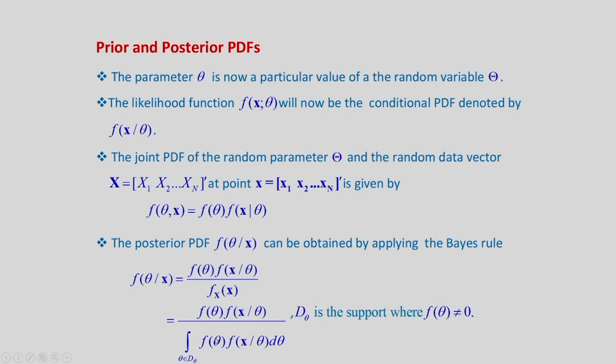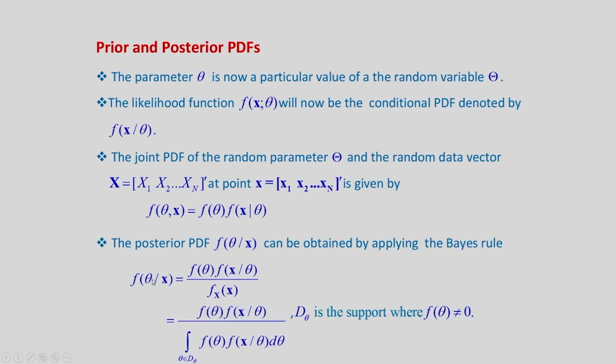Now, this marginal PDF f x of x can be written in terms of the prior and the conditional PDF, that is integration of f theta into f of x given theta d theta over theta belonging to D theta, where D theta is the support of f theta, where f theta is not equal to 0. So, we have expressed the posterior PDF in terms of the prior PDF and conditional PDF.